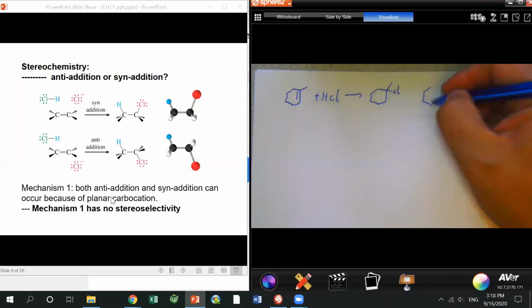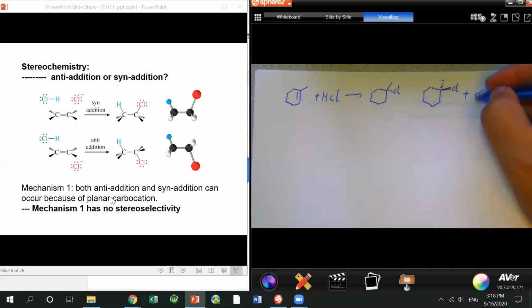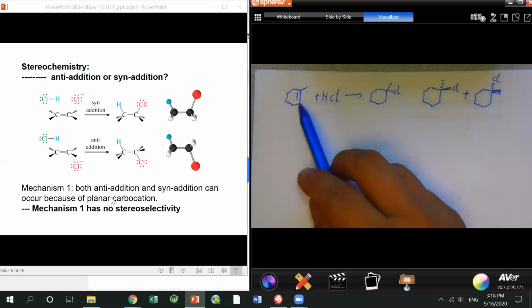Enantiomers, plus, for both. And that's for the asymmetrical alkene.